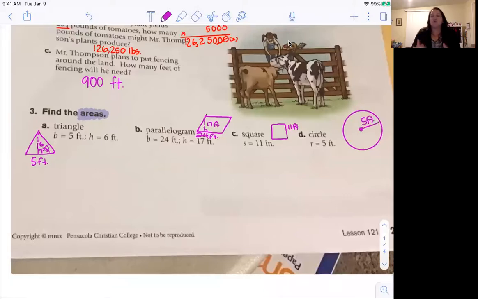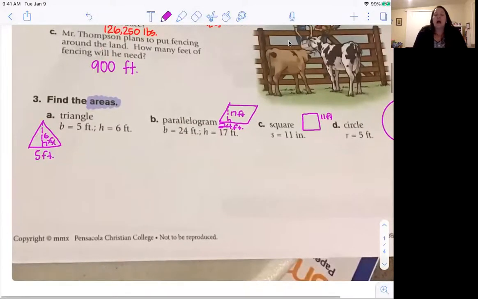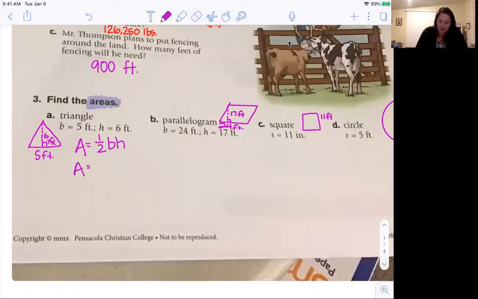Remember, guys, if you can visualize the shape, it's going to be a lot easier for you, I believe, to work the problems out. So let's go to a triangle. What is the formula for the area of a triangle? Area equals 1/2 base times height. Area equals 1/2 times 5 times 6.